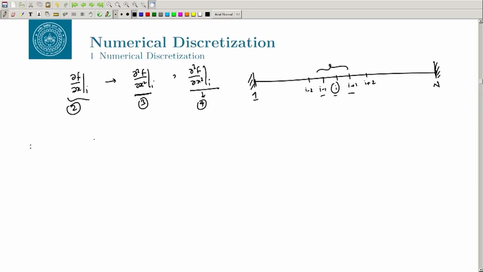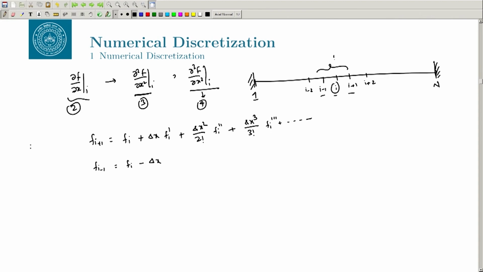So, f at I plus 1 will be f I plus delta x f I prime plus delta x square by factorial 2 f I double prime plus delta x cube by factorial 3 f I triple prime and so on. f at I minus 1 will be f I, and then minus delta x f I prime plus delta x square by factorial 2 f I double prime minus delta x cube by factorial 3 f I triple prime and so on. Why are we doing this around I?